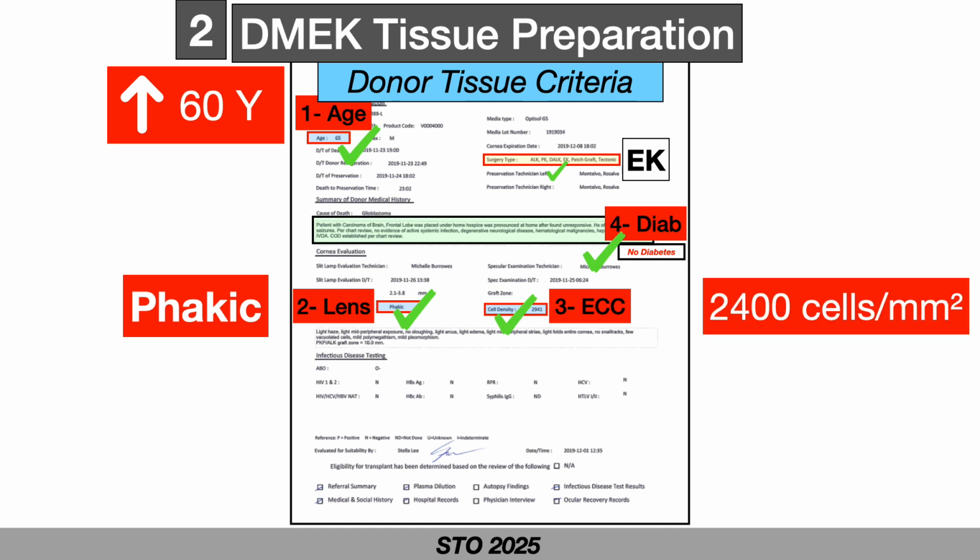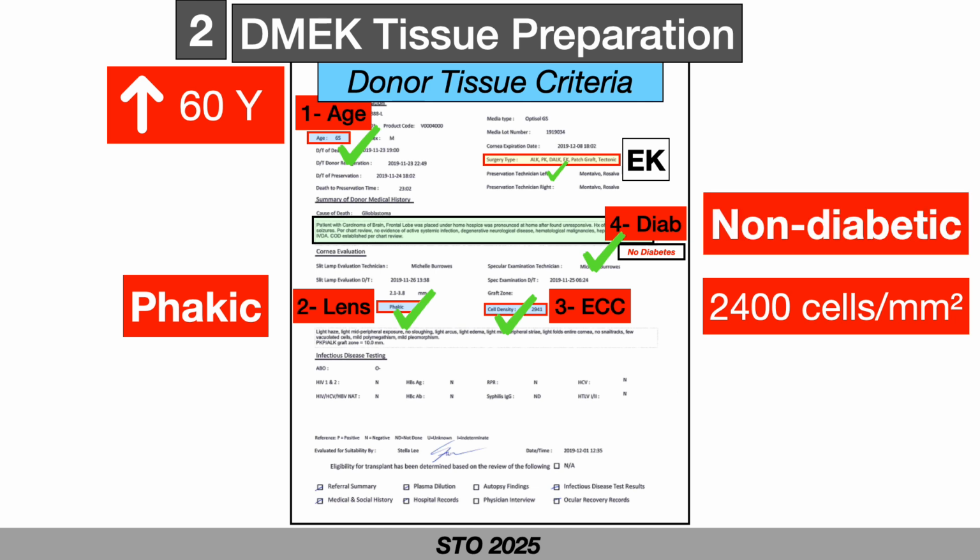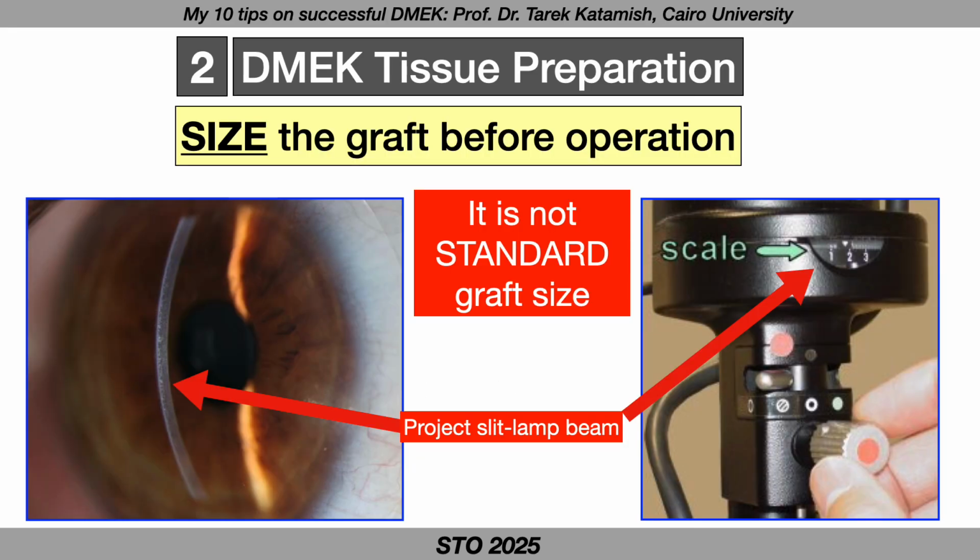The endothelial cell count should be at least 2400 cells per square millimeter, and I prefer that the donor to be non-diabetic. Size the DMEK graft before operation, because the DMEK graft is not a standard size.